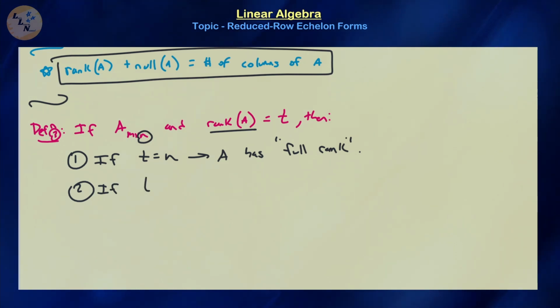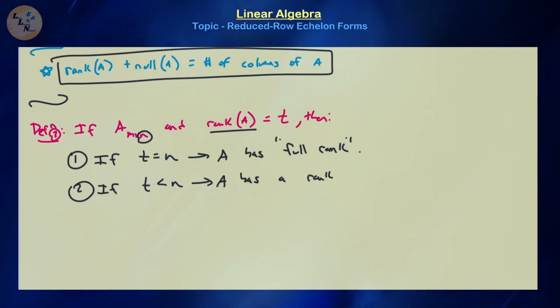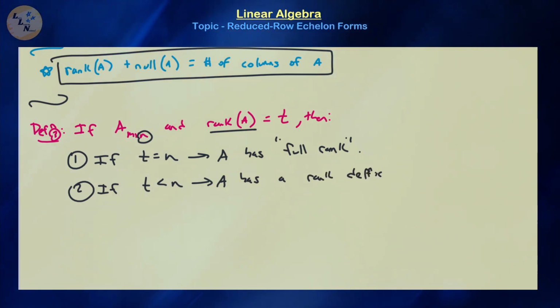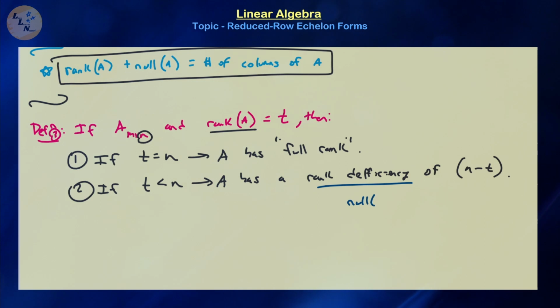And if t is less than n, then we say that A has a rank deficiency of n minus t. So the rank deficiency is actually equal to what? That's just the nullity of that particular matrix A. Okay, so rank deficiency and nullity can be viewed as synonymous if you want.